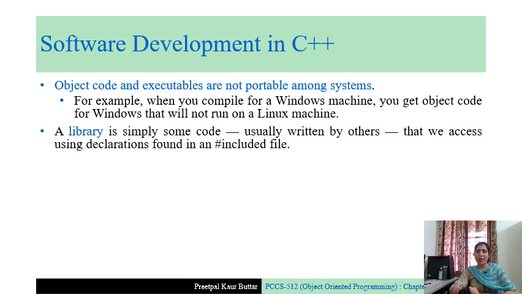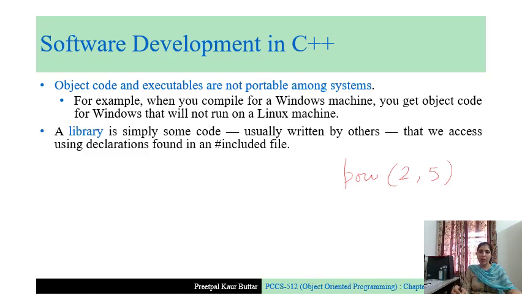And a library is simply some code written by others that we access using the declarations found in a #include file. So in the previous example, I told you that we can use the pow power function in order to find the power of a number.